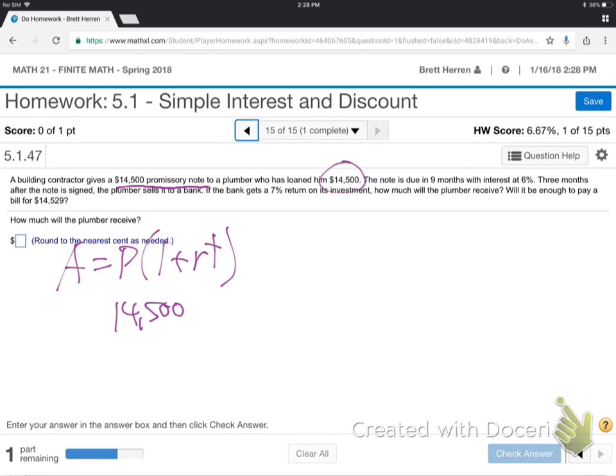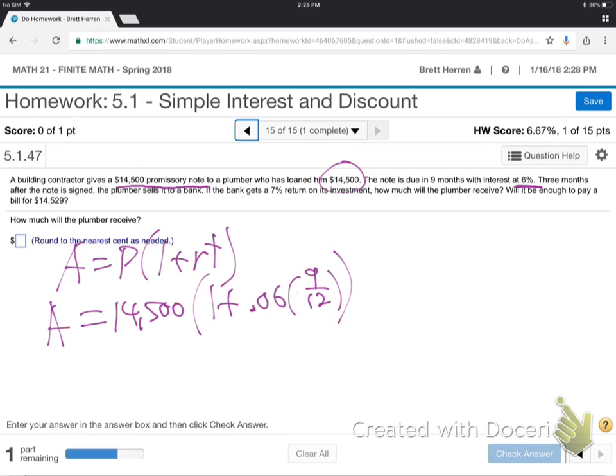I'm letting you ride on that, so you're going to pay interest to me. So for 9 months, he's going to pay interest. So the amount that the building contractor will have to pay back to the plumber at the end of 9 months, let's figure that out. The interest rate, what is it? Oh, there it is, 6%. So it's 6% interest for 9 months.